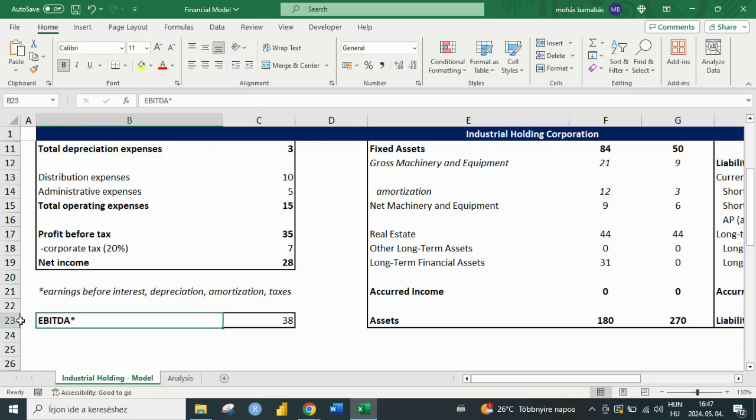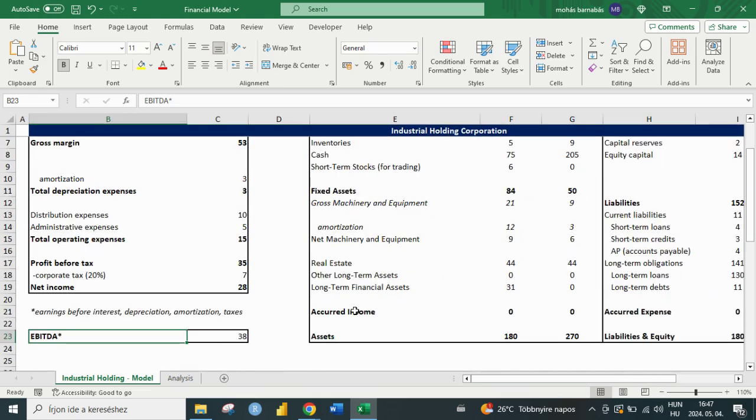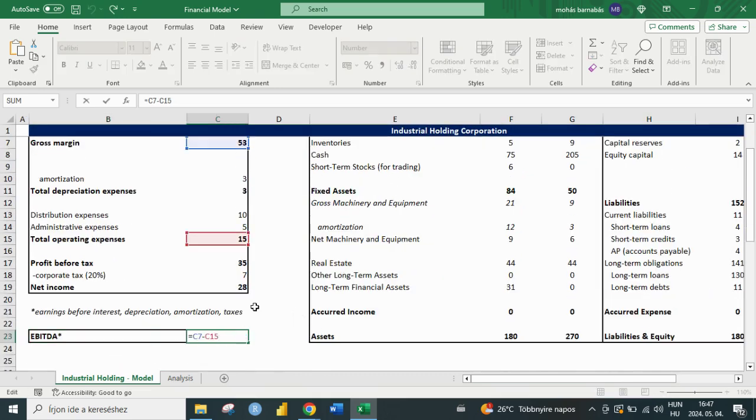And here in the 23rd row, you can see an EBITDA, which is 38 million. As you might have read in the preparation part, this is the earnings before interest, depreciation, amortization, and taxes. Let's see now a little bit how it is actually computed.